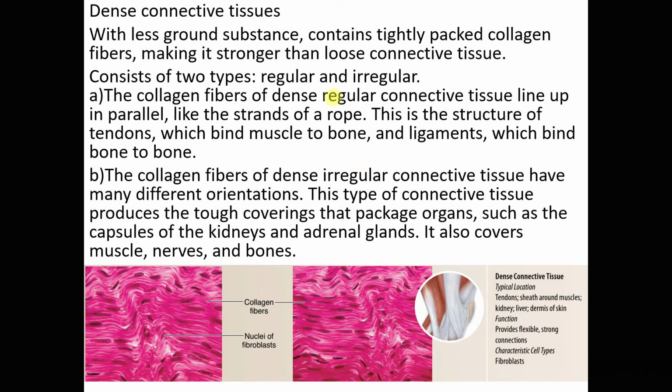This type of connective tissue produces the tough coverings that package organs, such as the capsules of the kidneys and adrenal glands. Atau capsule, permukaan luar. And this dense irregular connective tissue also covers your muscle, your nerves and bones. Okay, so yang gambar sini ni, this represents the dense regular connective tissue.